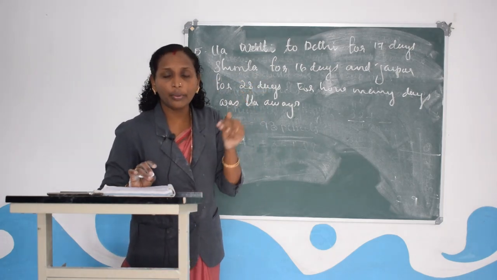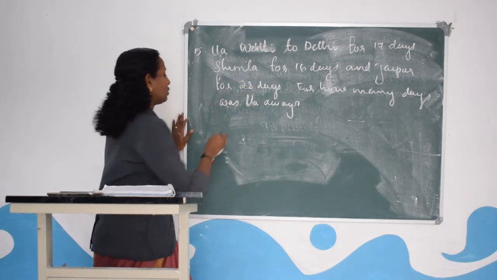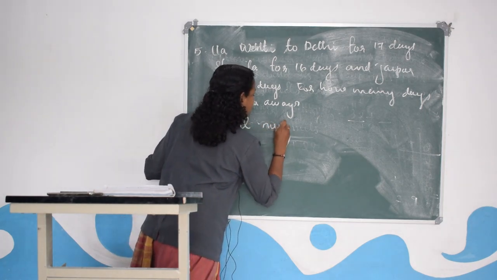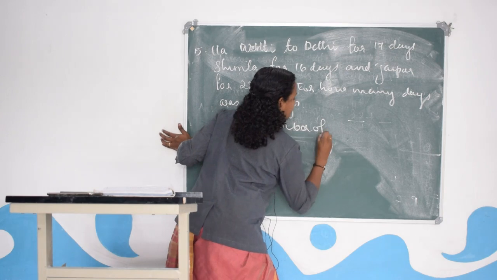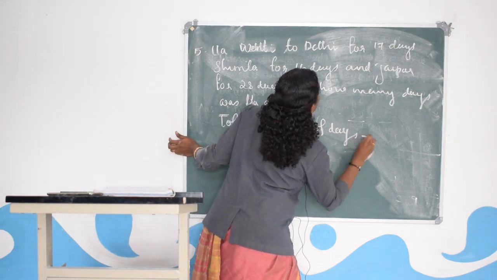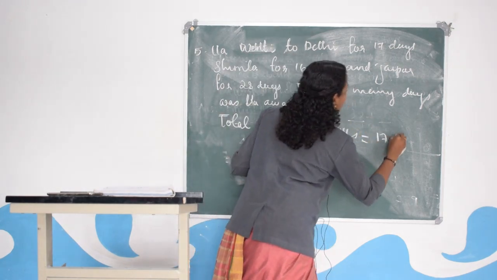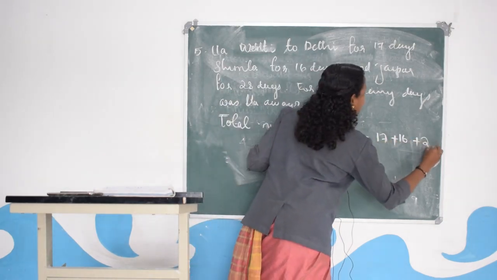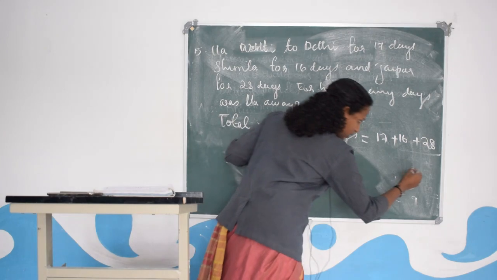That means the total number of days is equal to 17 plus 16 plus 28.